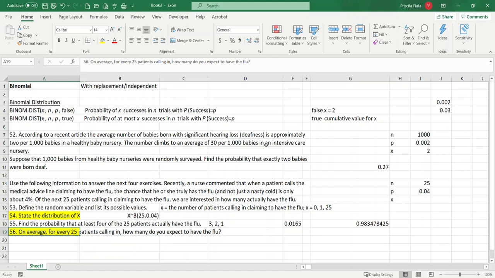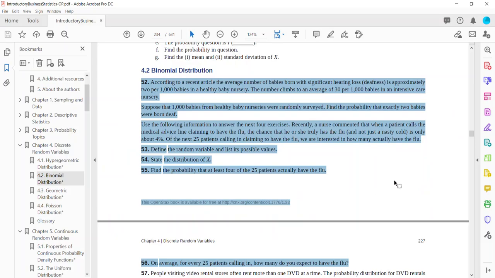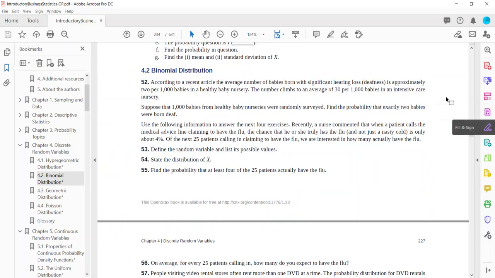Okay, now the one that you're going to be answering: on average, for 25 patients calling in, how many do you expect to have the flu? So for every 25 patients, it's asking for the average. Average is the same as mean.